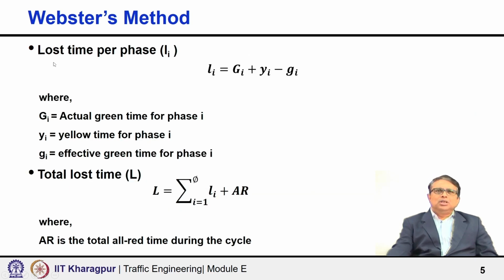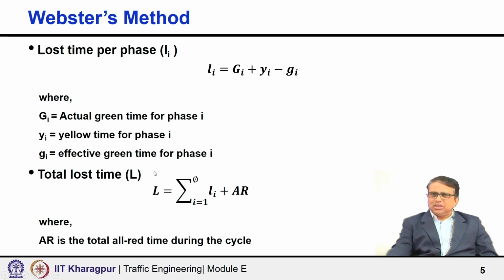Now, the lost time for phase i, as we have discussed earlier, is the green time, whatever is given overall green, plus yellow or amber, minus the effective green time. So, using the actual green time, amber and effective green time, we can calculate the lost time per phase.